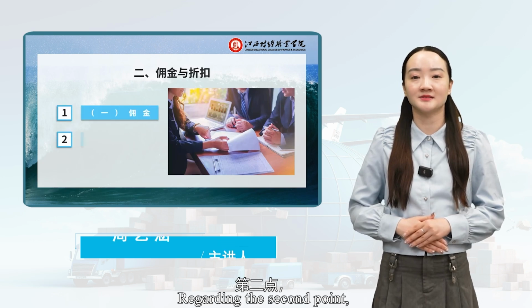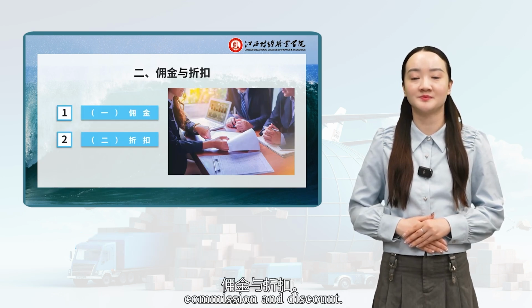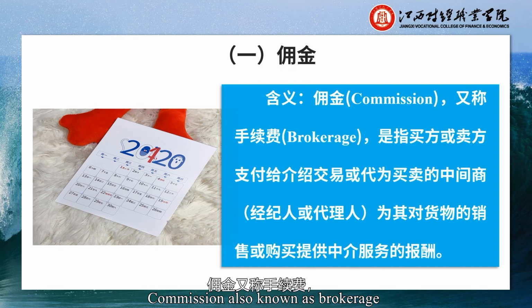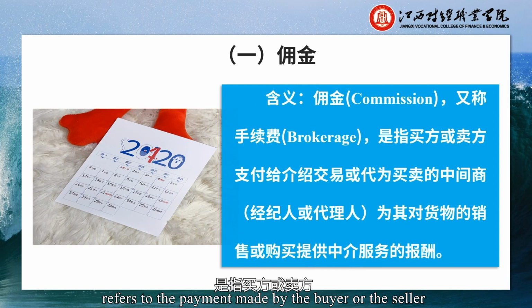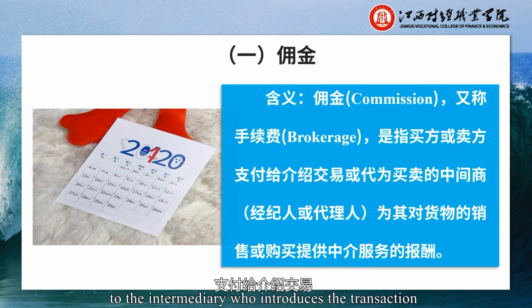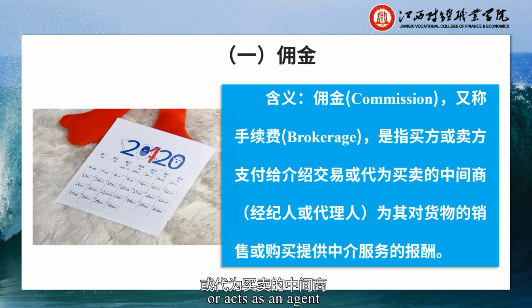Regarding the second point, commission and discount. Commission, also known as brokerage, refers to the payment made by the buyer or the seller to the intermediary who introduces the transaction or acts as an agent in buying and selling, as a reward for their intermediary services in the sale or purchase of goods.